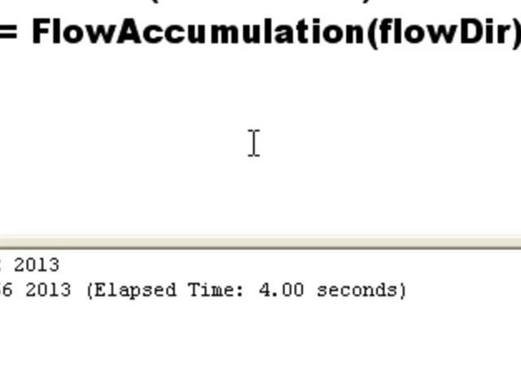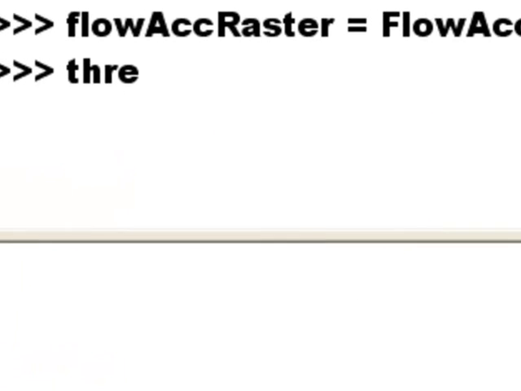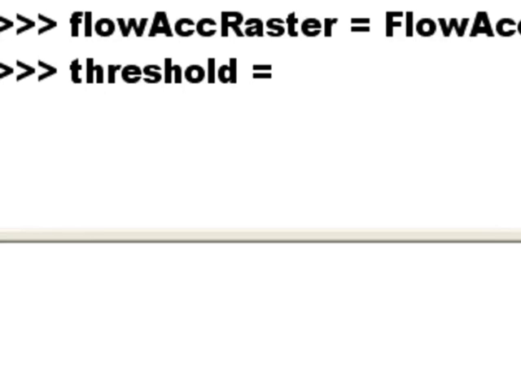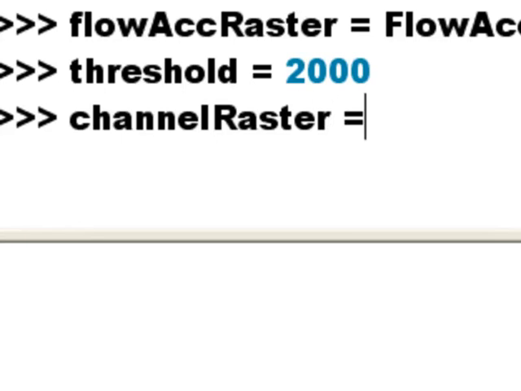So I'll make a variable here called threshold, and we'll set that to, let's say, 2,000 pixels. So now we have this flow accumulation raster, and what we want to do is find all the pixels that have a flow accumulation of at least 2,000. If it has a flow accumulation less than or equal to 2,000, just make it no data. So we'll call this output channel raster object.